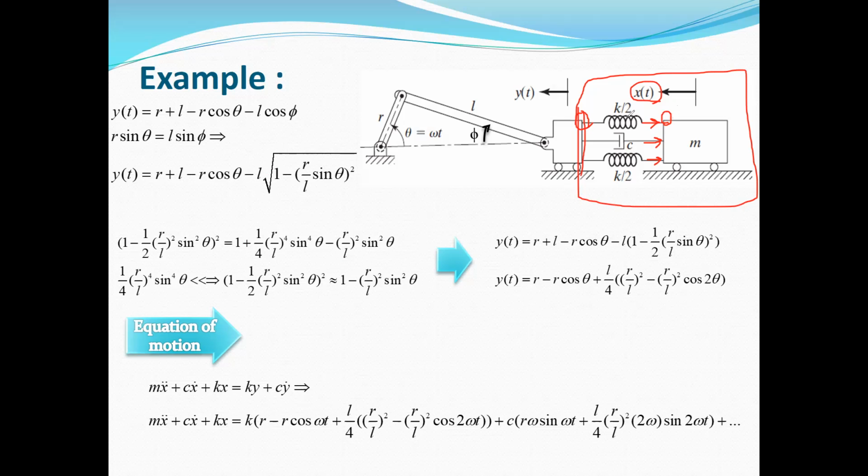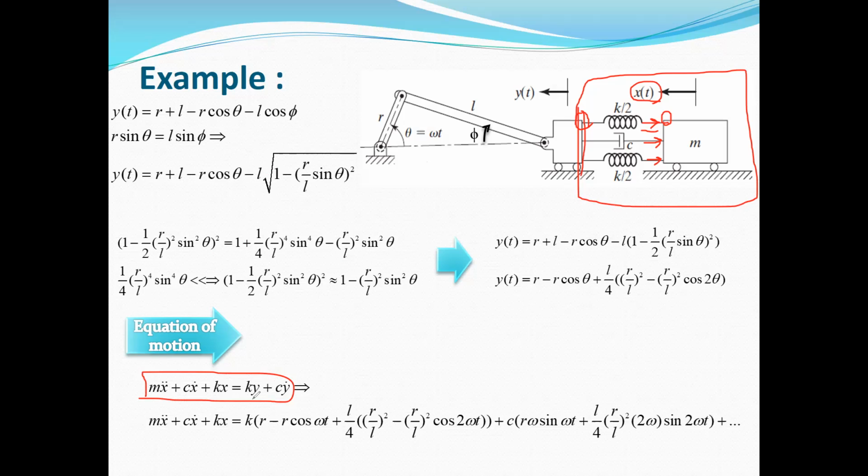So the force in the spring is equal to k times x minus y, when we assume this direction for the force in the spring. For the damper, we have the same scenario. It is equal to c times x dot minus y dot, and finally it must be equal to m times x double dot, which is the acceleration. Once you simplify this, you can extract this equation as the equation of motion for your system.